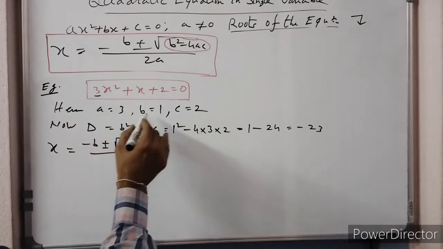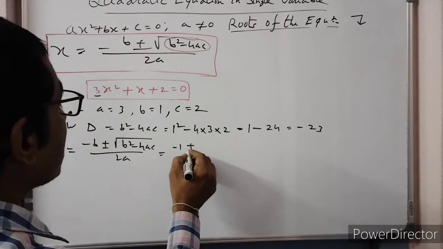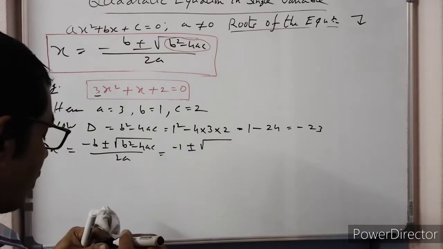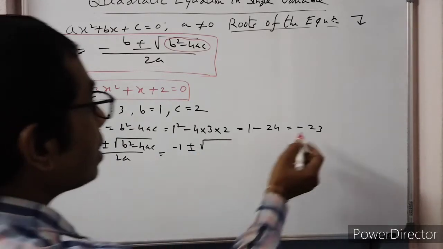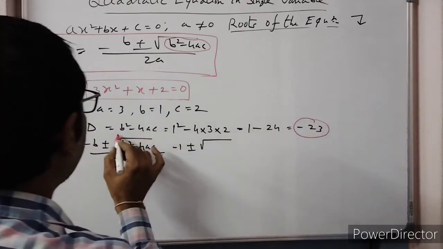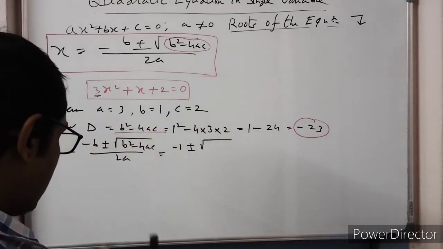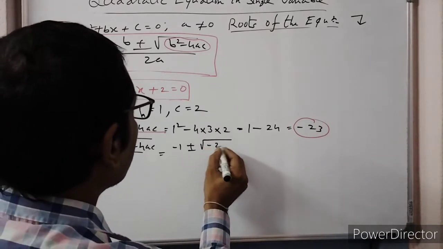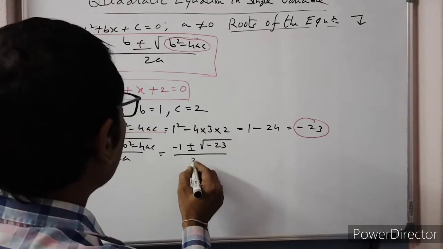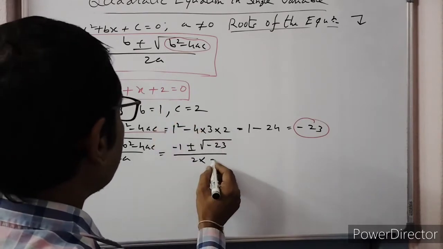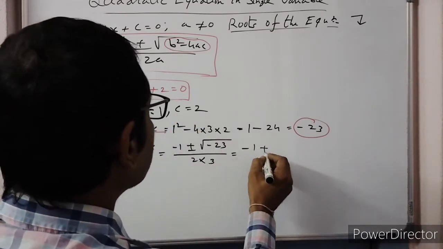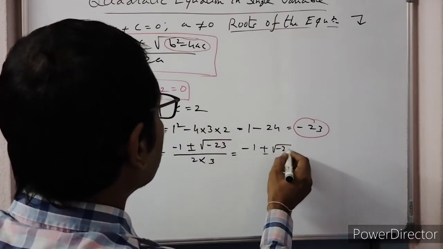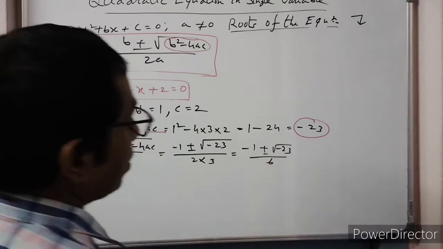Now Sridharacharya's formula: x equals minus b plus minus root over b square minus 4ac by 2a, equal to minus b, b is 1, so minus 1 plus minus root over b square minus 4ac, which is minus 23, divided by 2 into a, a is 3, equal to minus 1 plus minus root over minus 23 by 6.